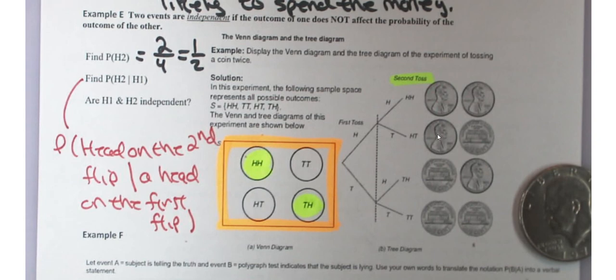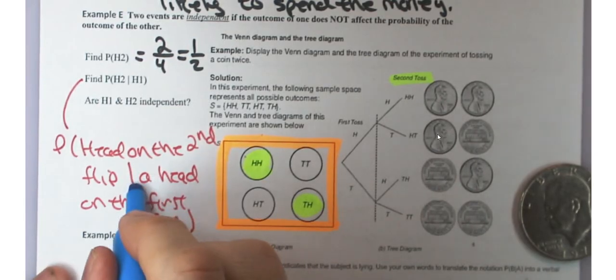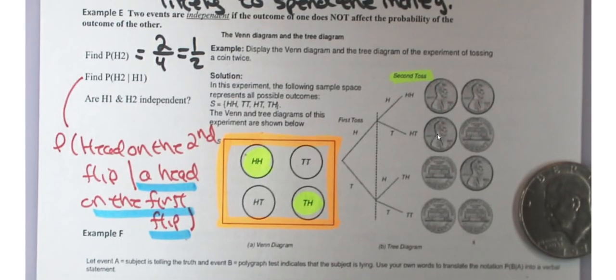So, our sample space is no longer all 4 of these things, right? We only want to choose the ones that had a head on the first flip. Try and look at our little sample space there and just pull off the parts that have a head on the first flip. What should I be circling?